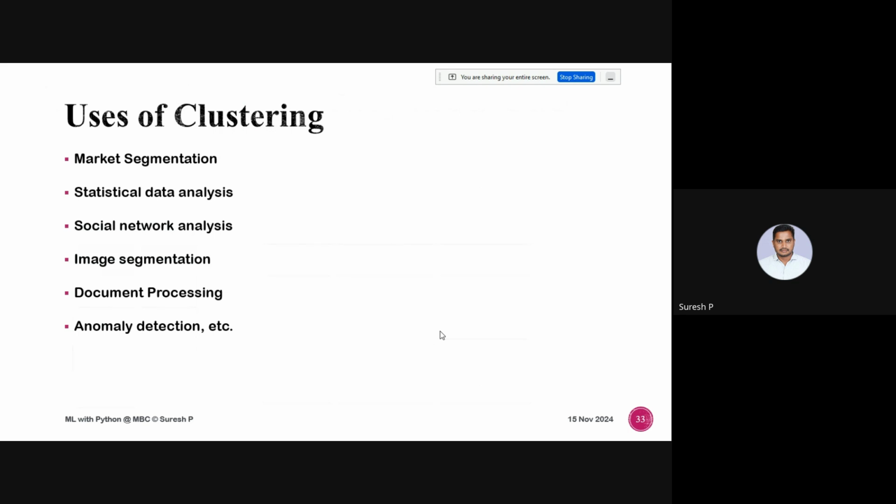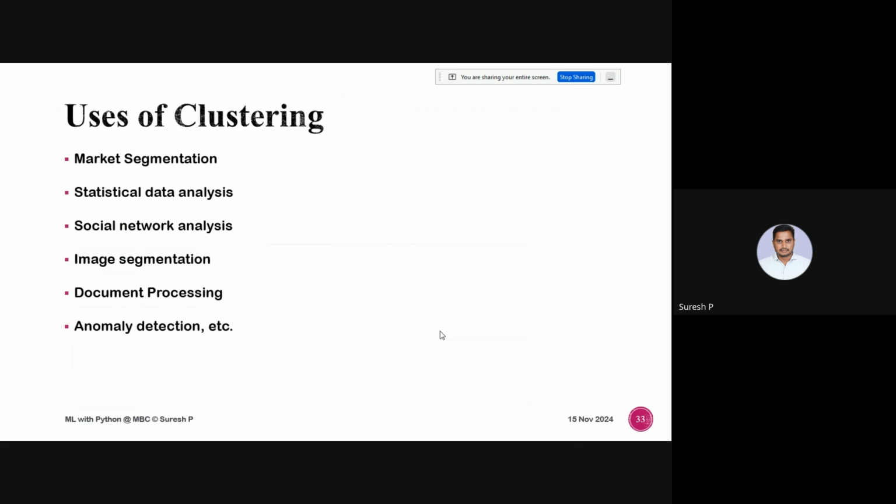Now let us discuss some of the applications of clustering. One is market segmentation: in the market, for grouping the products or grouping the customers, we can use clustering. We can also use clustering in statistical data analysis. In social network analysis, particularly on Facebook and Instagram, those applications use clustering.